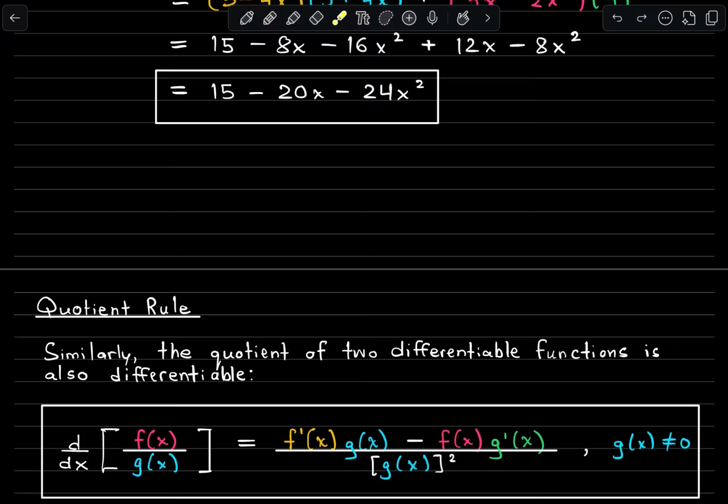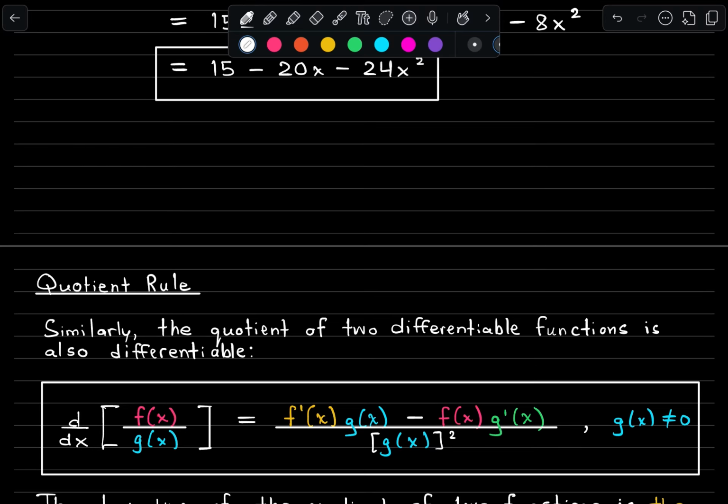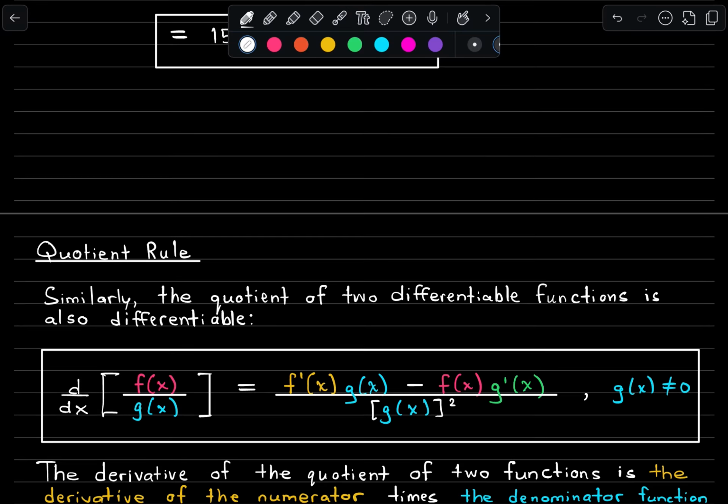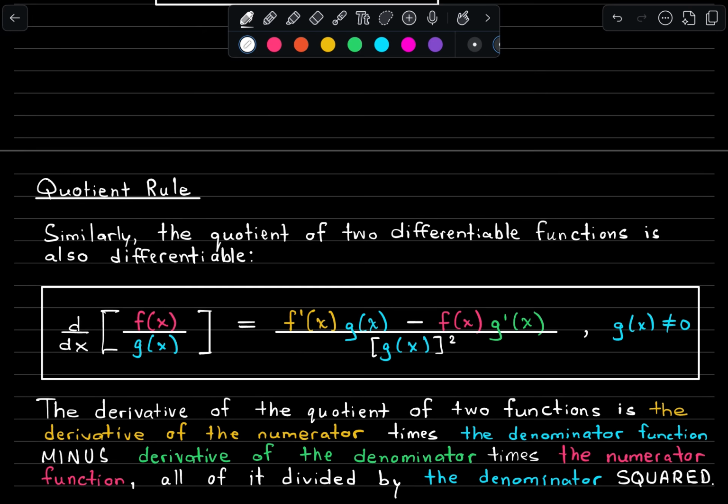Okay, so f prime of x times g of x minus f of x times g prime of x, all of it over g of x squared. So whatever your original denominator was, it's staying there and it's getting squared. And this is going to work so long as g of x is not equal to 0. All right.